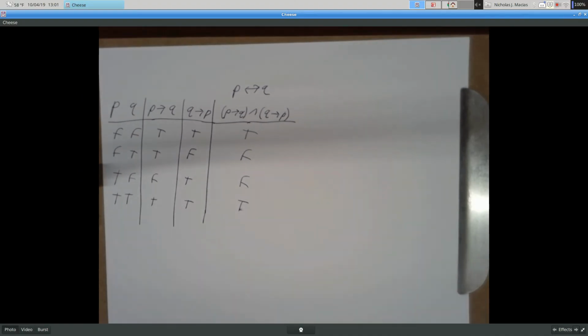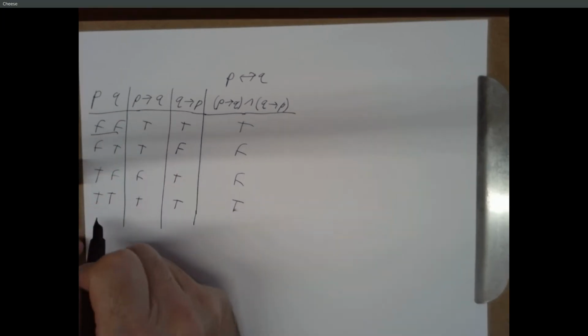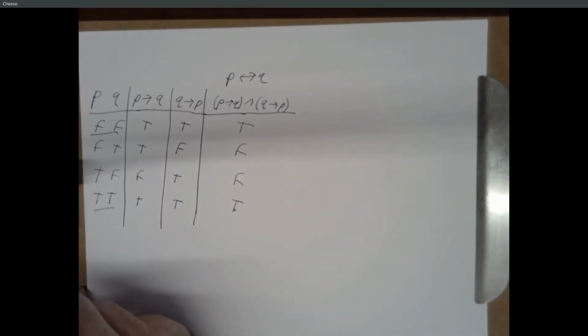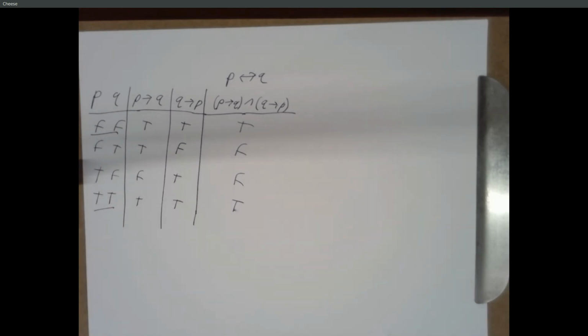It's telling us that P and Q are both either false or both either true. They have the same value. So this is why it's an if and only if. P is true if and only if Q is true. So P is true if Q is true and Q is true if P is true. So they're equivalent in some sense.